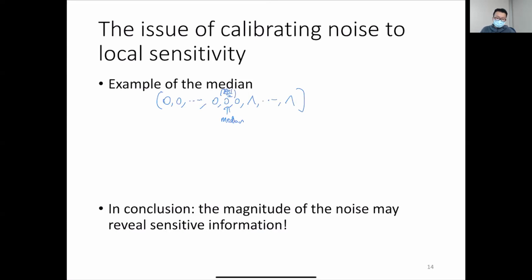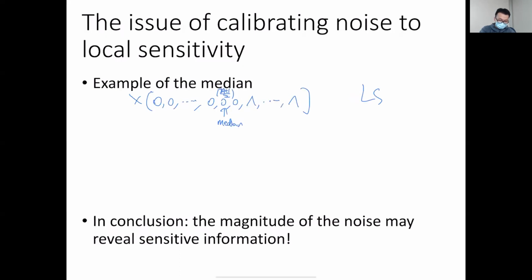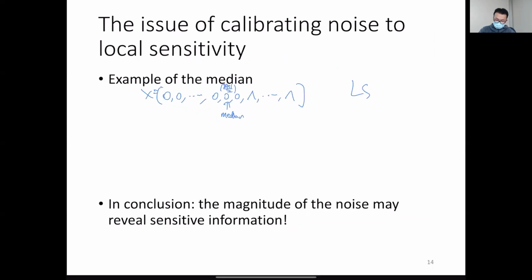So what is the local sensitivity for this data set? Based on the formula that we had in the last slide, it should be pretty straightforward to see. Let's say this data set is X. The local sensitivity of a median query on this data set is 0. Now let's consider a neighbor data set, which is 0, 0, 0, 0, and now I'm replacing this 0 with lambda.